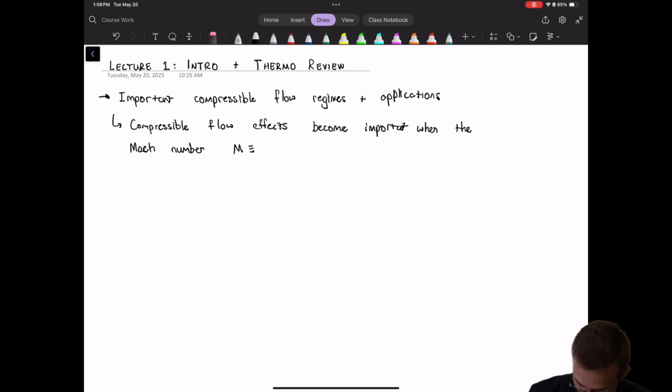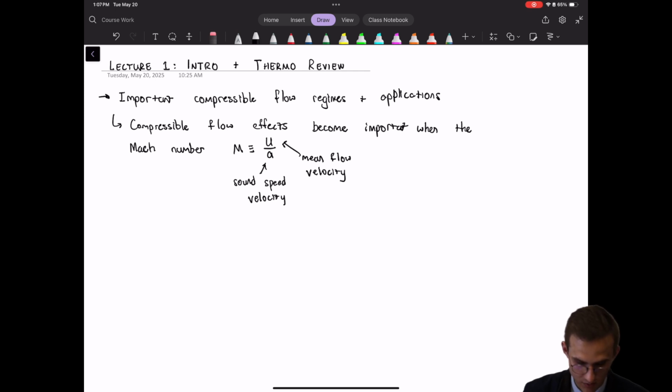The Mach number is defined in the following way, where we typically write it as capital M, and it's defined, the three horizontal lines denote a definition, as M ≡ U/A, where U is the mean flow velocity, and A is the sound speed velocity in the medium in question.